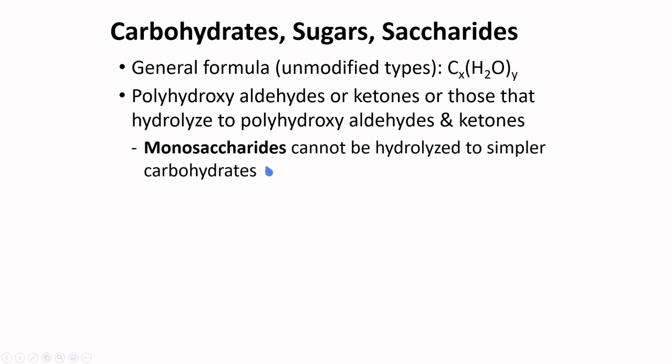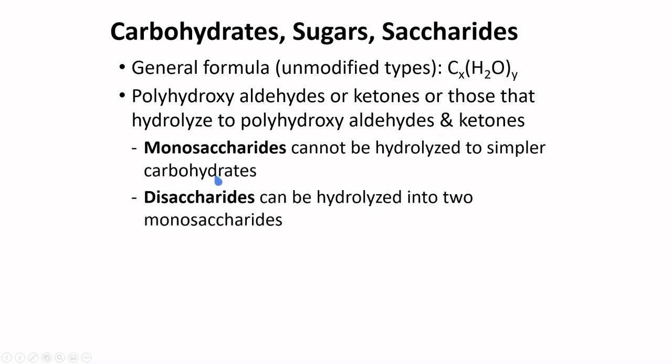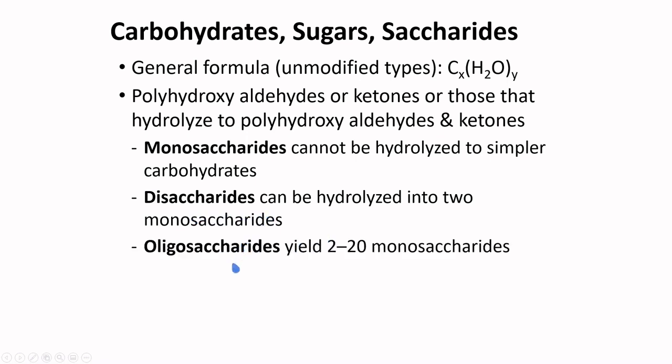The simplest carbohydrates are monosaccharides. Monosaccharides cannot be hydrolyzed further to simple carbohydrates. Disaccharides can be hydrolyzed into 2 monosaccharides. Oligosaccharides yield 2 up to about 20 monosaccharides.